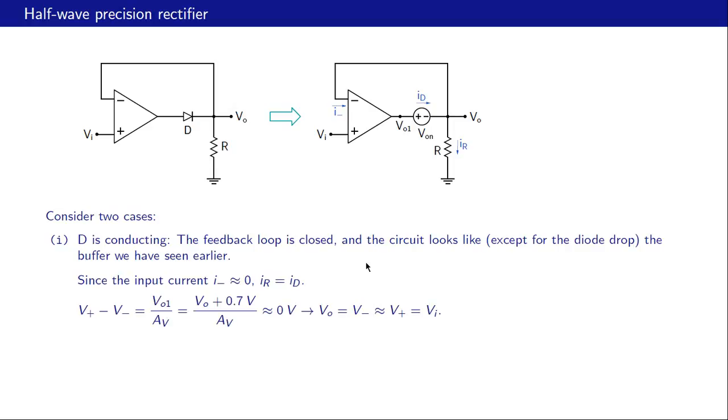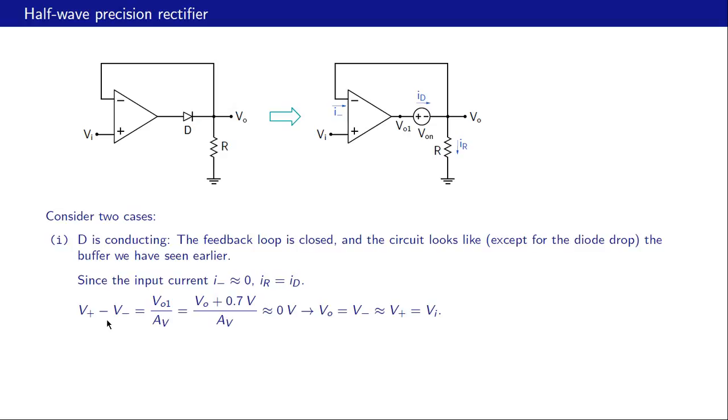Now since the input current I minus is 0, this current, IR is equal to ID, so the current path is like that. And what is V plus minus V minus then? It is equal to VO1 divided by AV, the voltage gain of the op-amp, which is a large number, something like 100,000 for the 741 op-amp. What is VO1? Remember, the diode is conducting, so therefore VO1 is VO plus this diode voltage drop, which is say 0.7 volts.